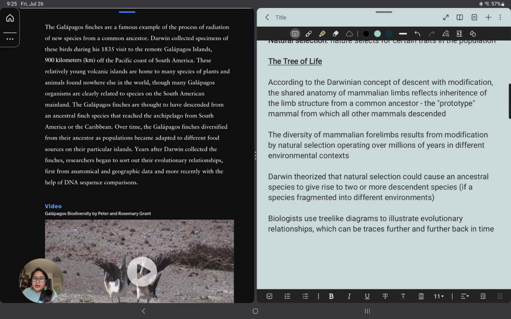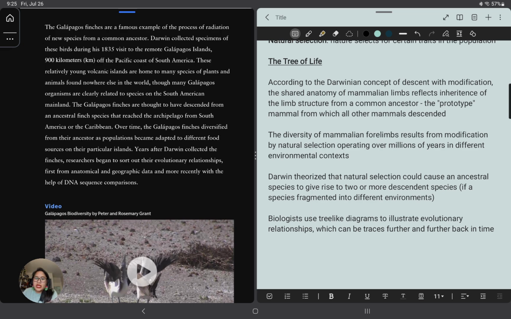The Galapagos finches are thought to have descended from an ancestral finch species that reached the archipelago from South America or the Caribbean.